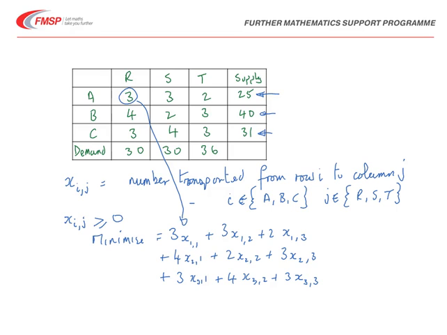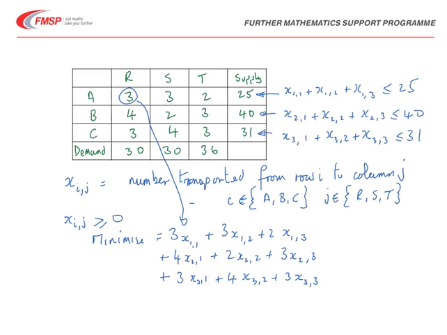So that is a case of saying that the supply from A, which is x11 plus x12 plus x13, is less than or equal to 25. And similarly there you can see that I've put in the constraints for the supplies from B and C.